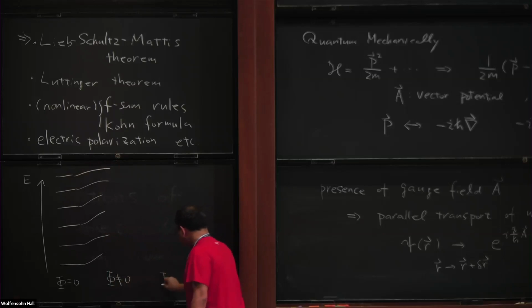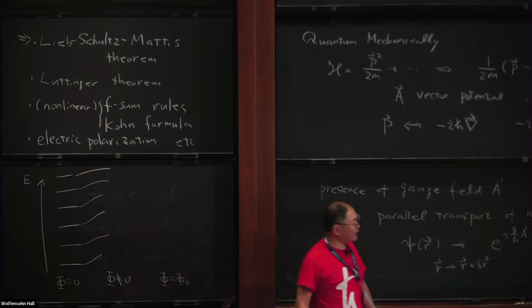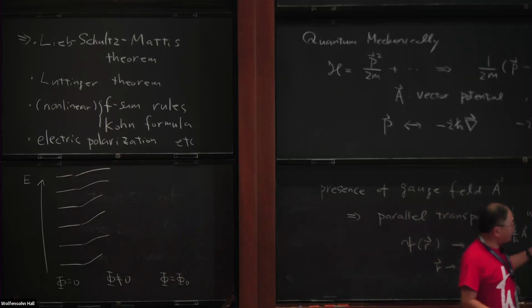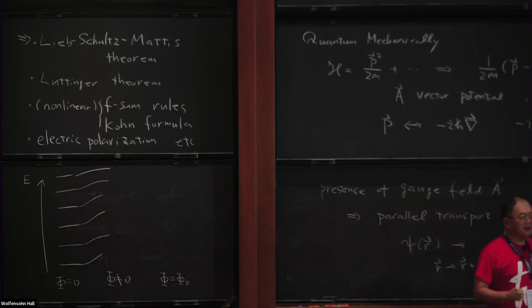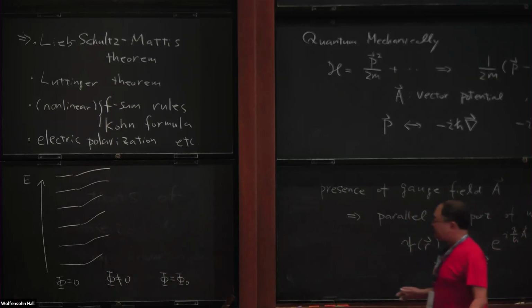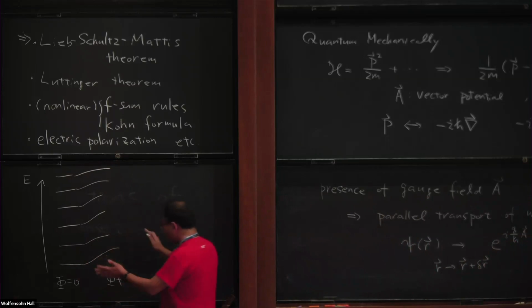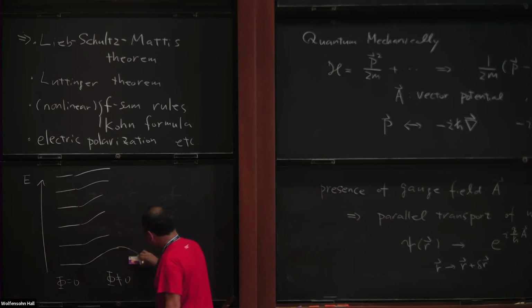But when you increase the flux and reach this value, phi 0, the unit flux quantum, then as I emphasized, there should be no AB effect because all the phase differences caused by magnetic flux become 2 pi times an integer, which is not observable. So even though for generic phi there is some dependence, what happens in the middle is a non-trivial question which I want to discuss.